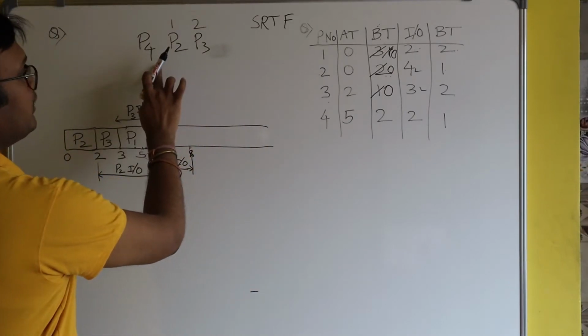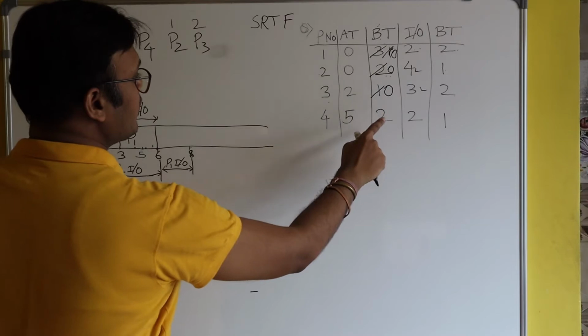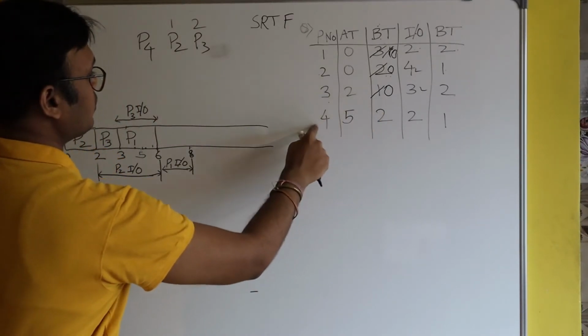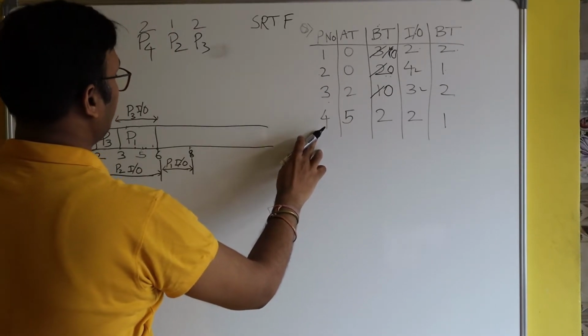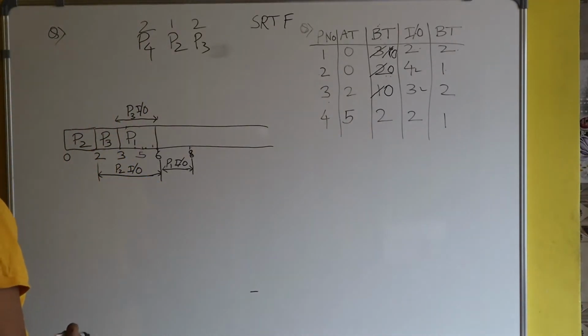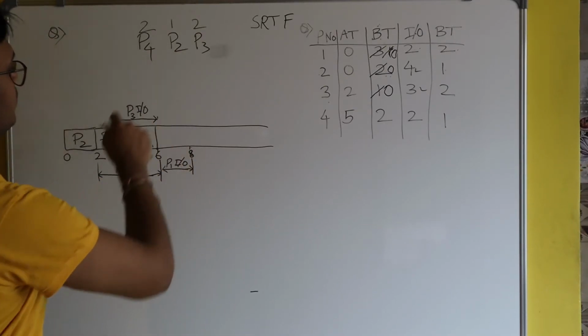And now process P1 is yet to start its first burst time. So 2 seconds is left for process P4. Sorry, process P4 has not even started its first burst time. So now CPU will be given to process P2 as it has the lowest burst time.